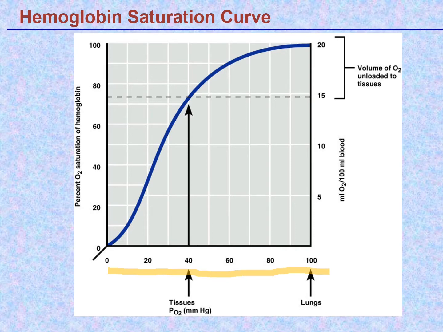And I want to emphasize that this is, remember, not a percentage. The PO2 in the lungs, in the space of the alveoli, is not 100, it's 104. So this is really pointing at 104.